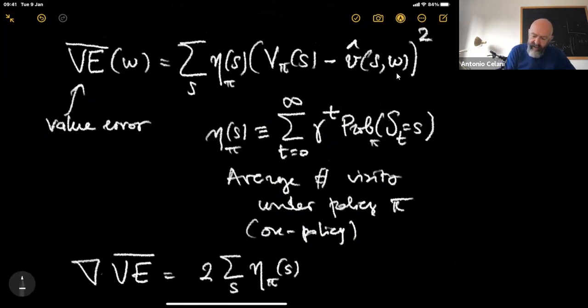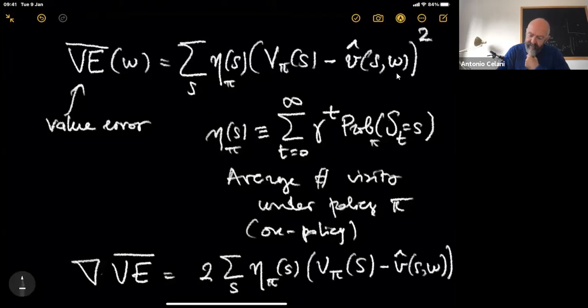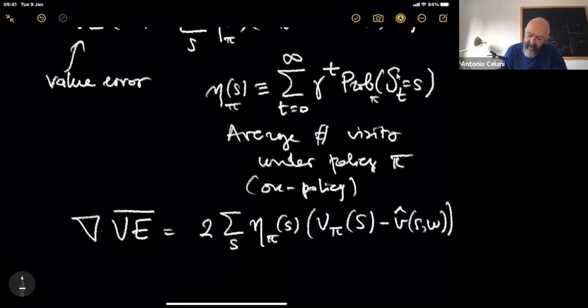So this is just going to give me V pi of s minus V hat of s, w, times minus the gradient of the approximation. So I just applied a trivial derivative operation.